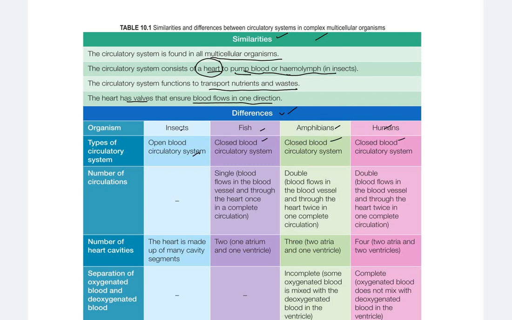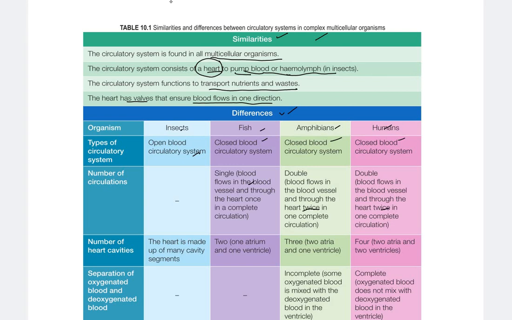Number of circulations. Insects don't have circulation. For fish we have single, because blood flows in the blood vessel and through the heart once in a complete circulation, only one, from the atrium back to the ventricle. But amphibians are double, and humans are also double, because the blood flows through the heart twice in one complete circulation.